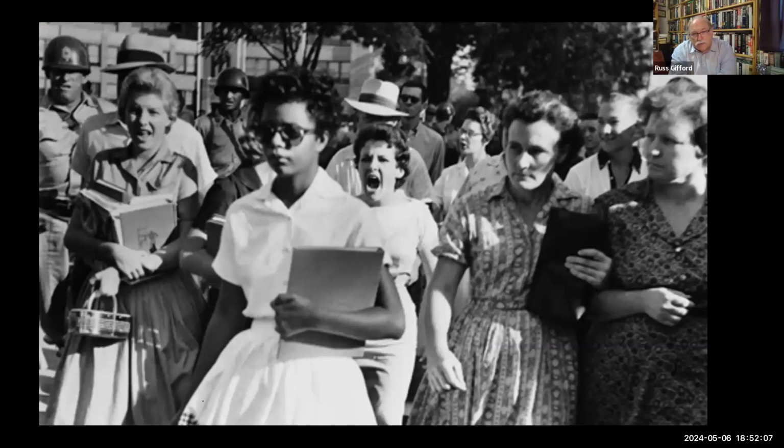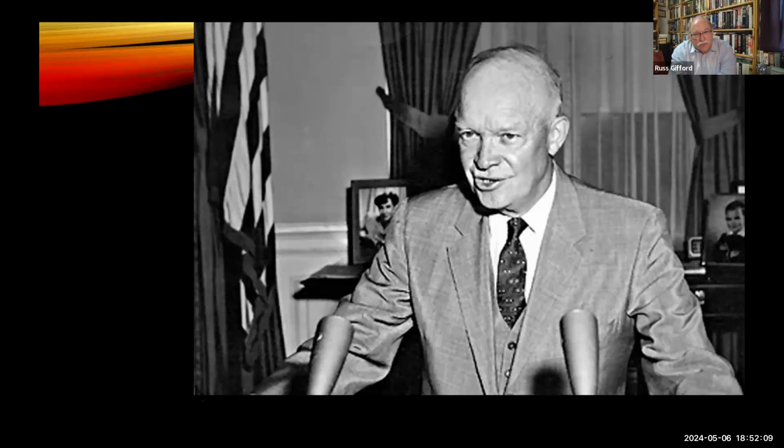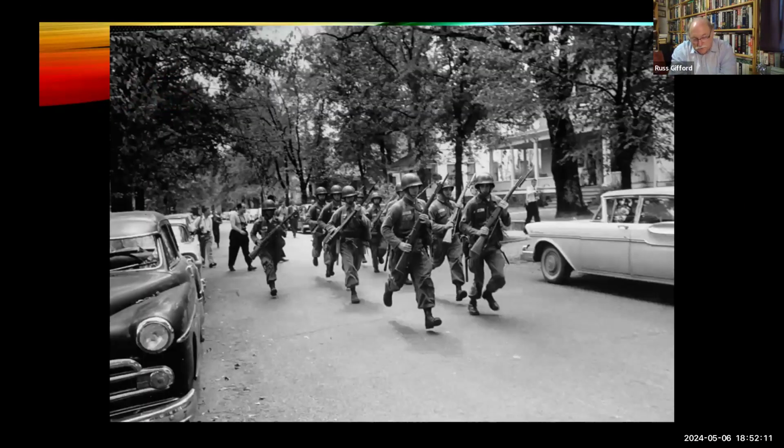Now, of course, we had an executive that acted, and he acted in a forthright manner, knowing full well that to waffle on a point like this would be terrible. And he sent troops into the South for the first time since the Civil War had ended. And in sending them in, of course, they stayed until 76 after the Civil War.